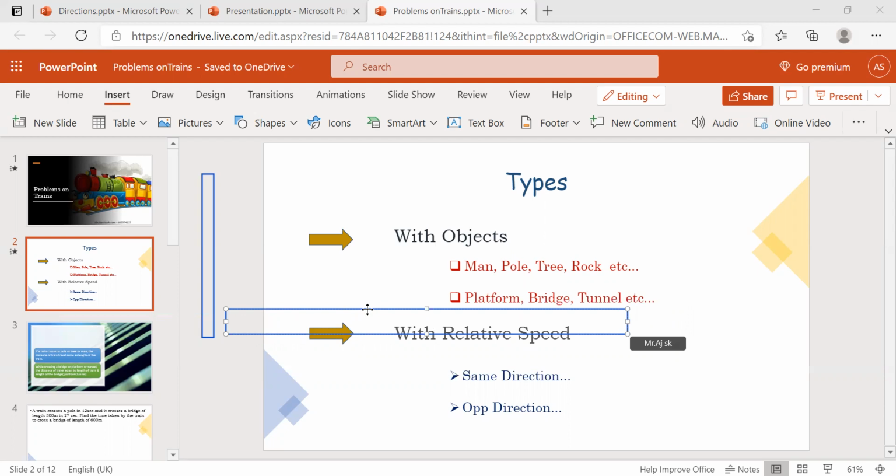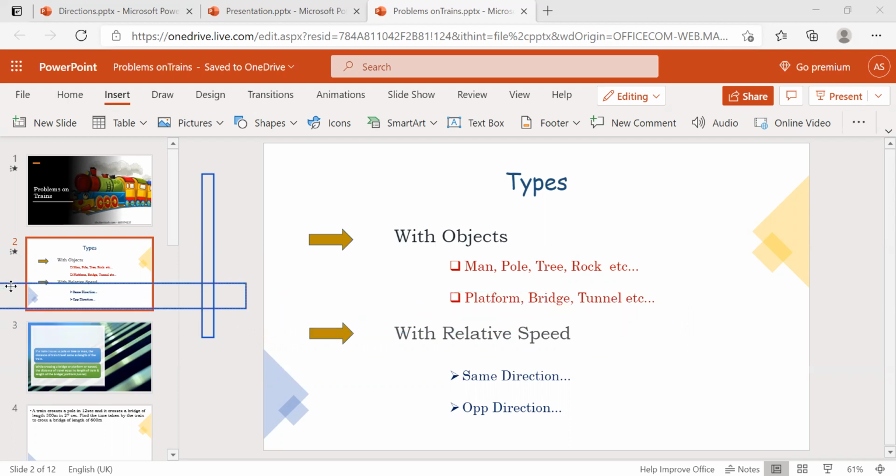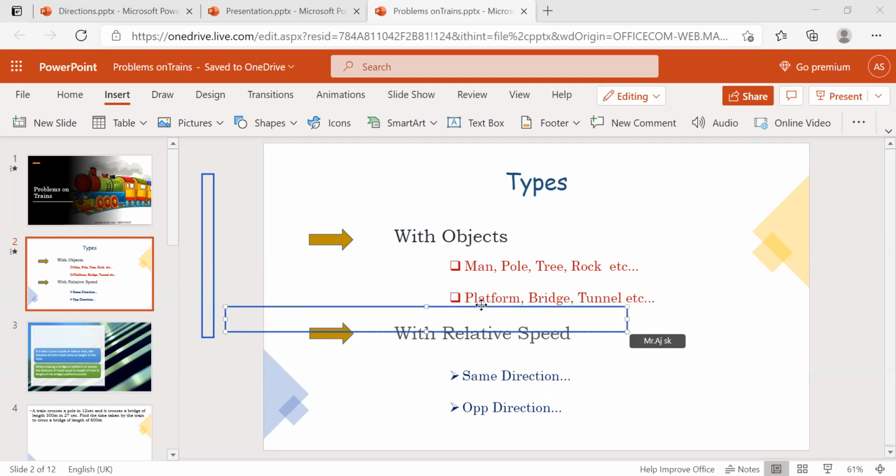So in this case, the train length and the distance traveled by the train while crossing the pole are both the same.